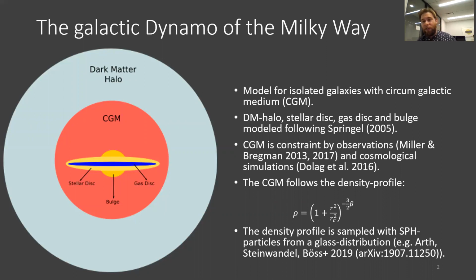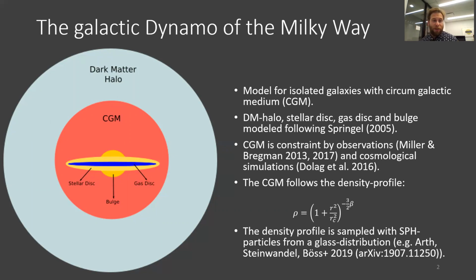And there are a lot of different flavors, a lot of different codes that have their respective strengths and weaknesses. And we take my host code, Gadget 3, with a very newly updated smoothed particle magnetohydrodynamics implementation. And we simulate an isolated Milky Way galaxy at fairly high resolution.